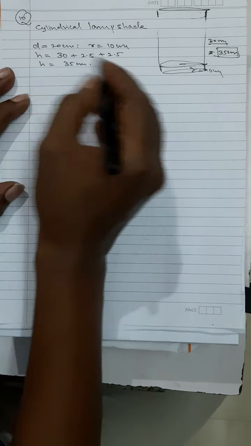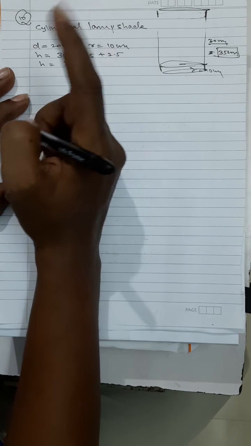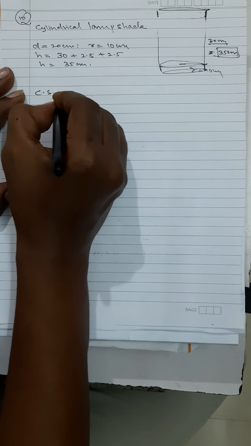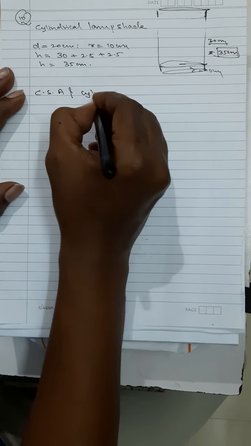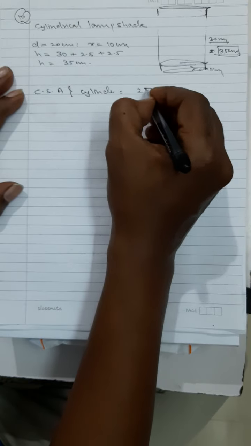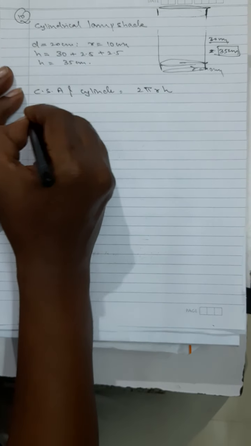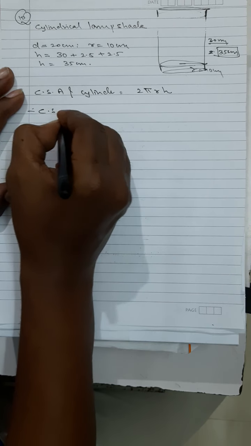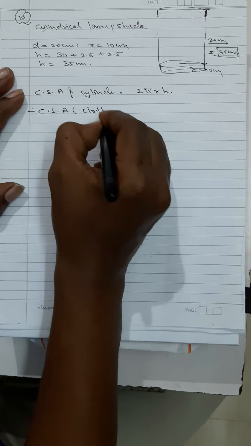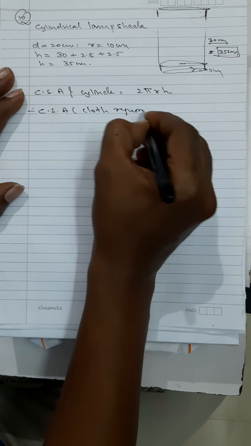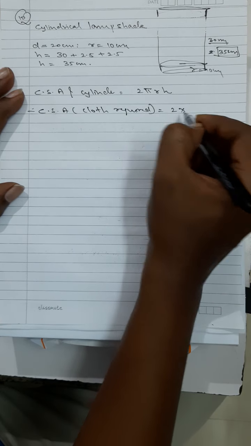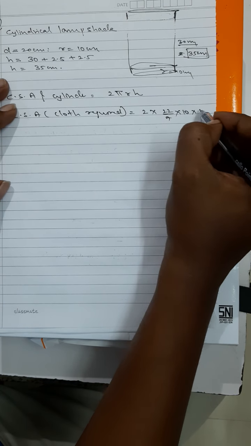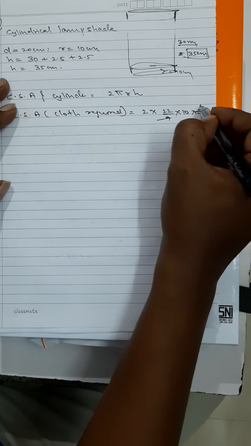We require only the curved surface area. The curved surface area of a cylinder formula is equal to 2 pi RH. Therefore, curved surface area of cloth required is equal to 2 into 22 upon 7, R is 10, H is 35. 7 5s are 35.